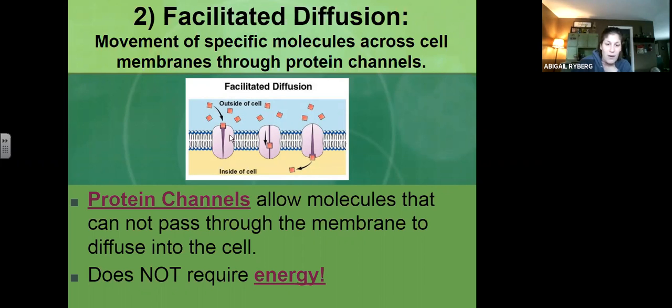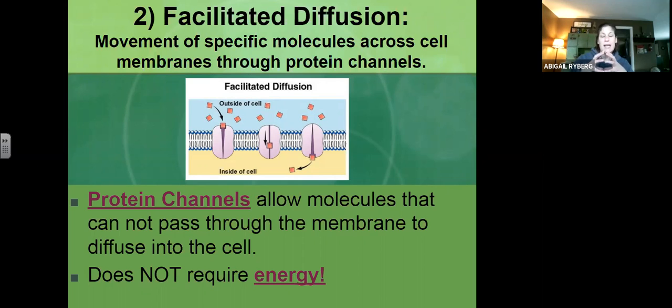If we start here on the left, this protein channel is tightly closed up, and it's definitely monitoring what is trying to pass through. They're really specific, kind of like an enzyme, and these only allow a particular molecule through. So this purple protein allows red squares to pass through.